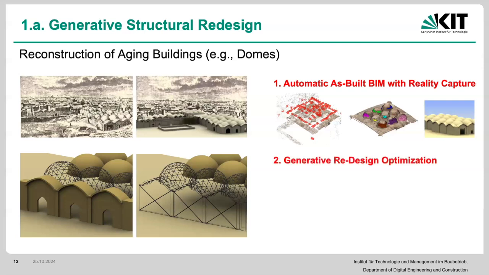Okay, generative redesign. Then once you get the geometry, you now can modularize it. Once you modularize it, in this case, I did a simple single layer grid, and you can have different types of, let's say, domes, different types of geometries.